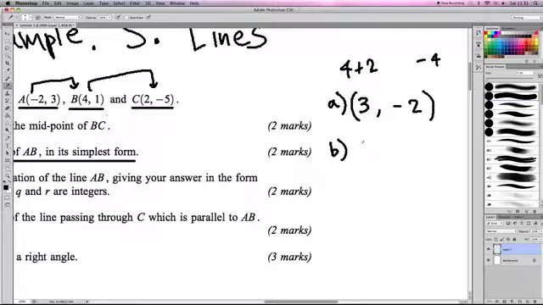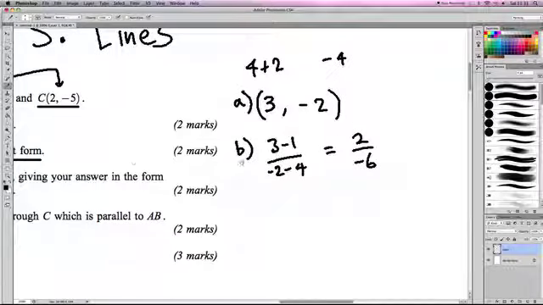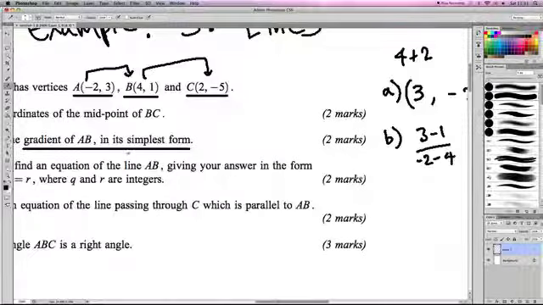So my change in y is 3 minus 1, and my change in x is minus 2 minus 4. When I work it out, that will give me 2 over minus 6. You might be tempted to leave it like that, but remember it says in its simplest form.